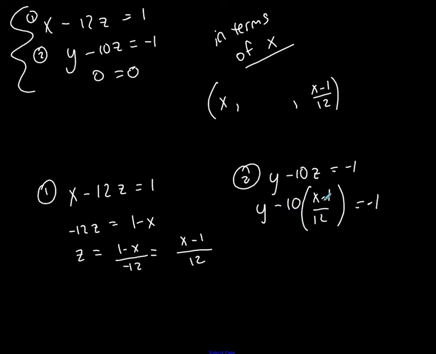I just got to simplify this thing. First of all, 10 over 1, right? 10 is divisible by 2, and 12 is divisible by 2. 10 divided by 2 is 5. 12 divided by 2 is 6. So I'm simplifying the fraction that's going to come from there.